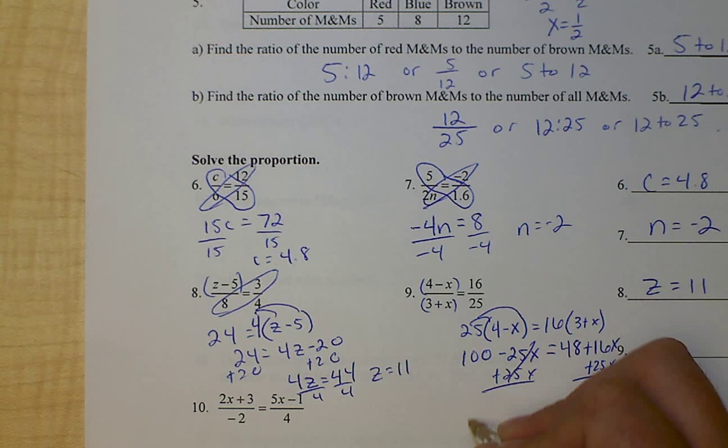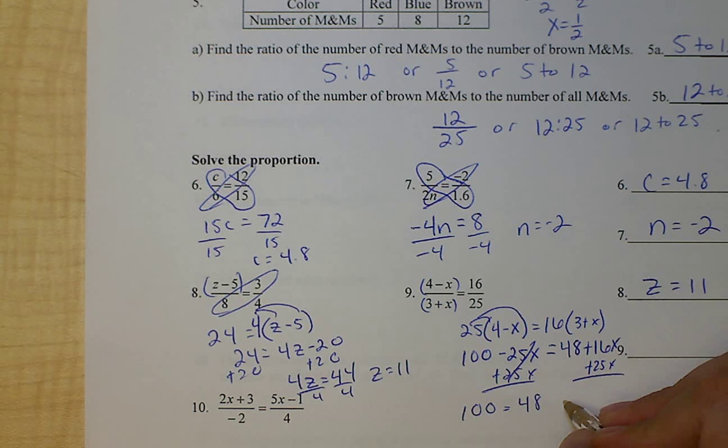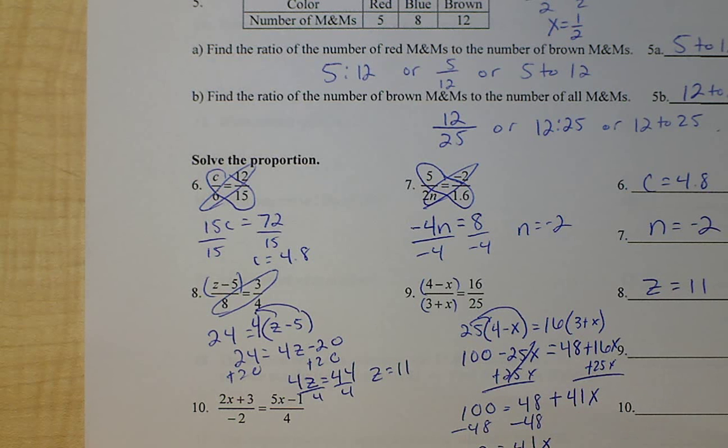And I get 100 equals 48 plus 41x. I'm going to subtract 48 from both sides. So I get 52 equals 41x. And then divide each side by 41.